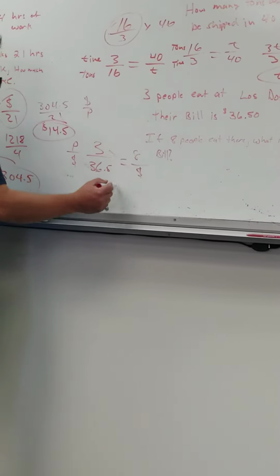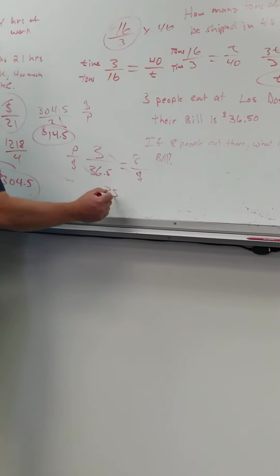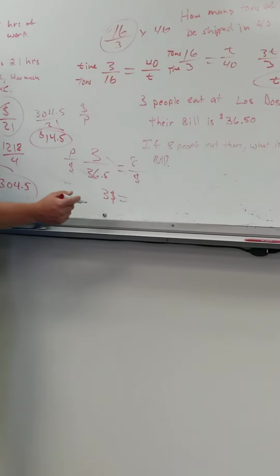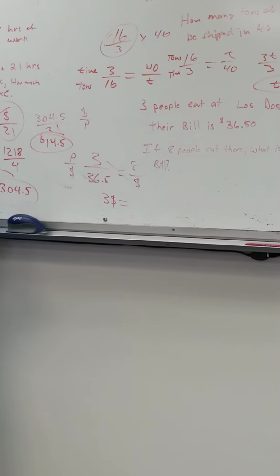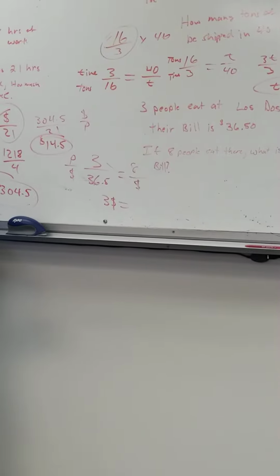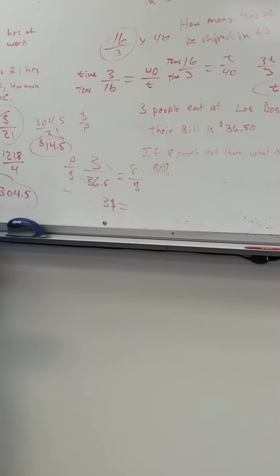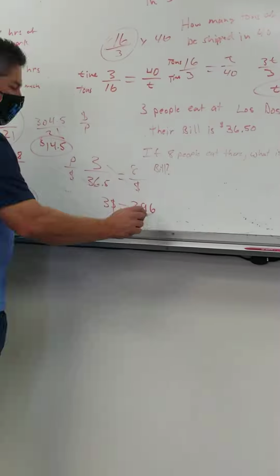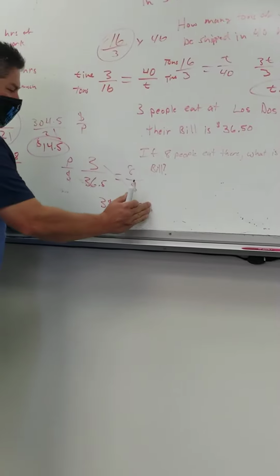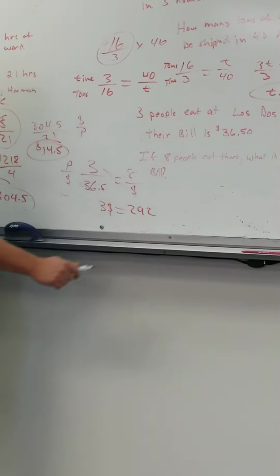All right, so I cross multiply here. What do I get? 3 times the number of dollars equals 8 times 36.5. Somebody do that. 8 times 36.5. 292. Is that right? Yes.